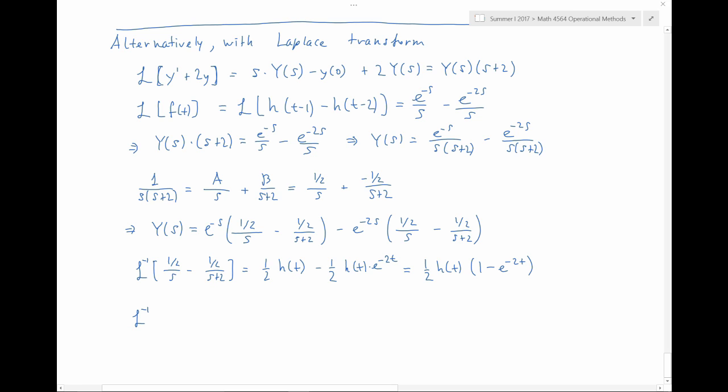As a result, the inverse Laplace transform of y of s is just the sum of these two functions shifted. At first I have this function shifted by 1, so every t is going to be replaced with t minus 1, and the second term will give me this function shifted by 2.